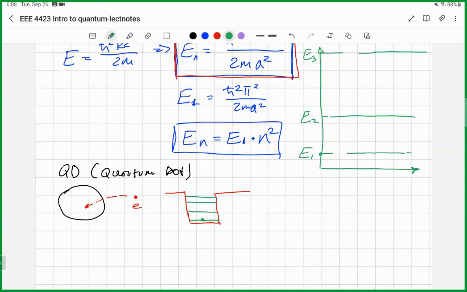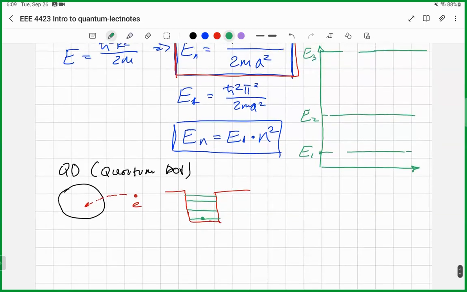And even though this quantum dot doesn't have infinite energy, this escape energy for the electron to leave the quantum dot is not infinite anymore. It's a finite number, but it still can be a few electron volts. So this system can be quite robust. Typically it can be like 1 to 10 electron volts.